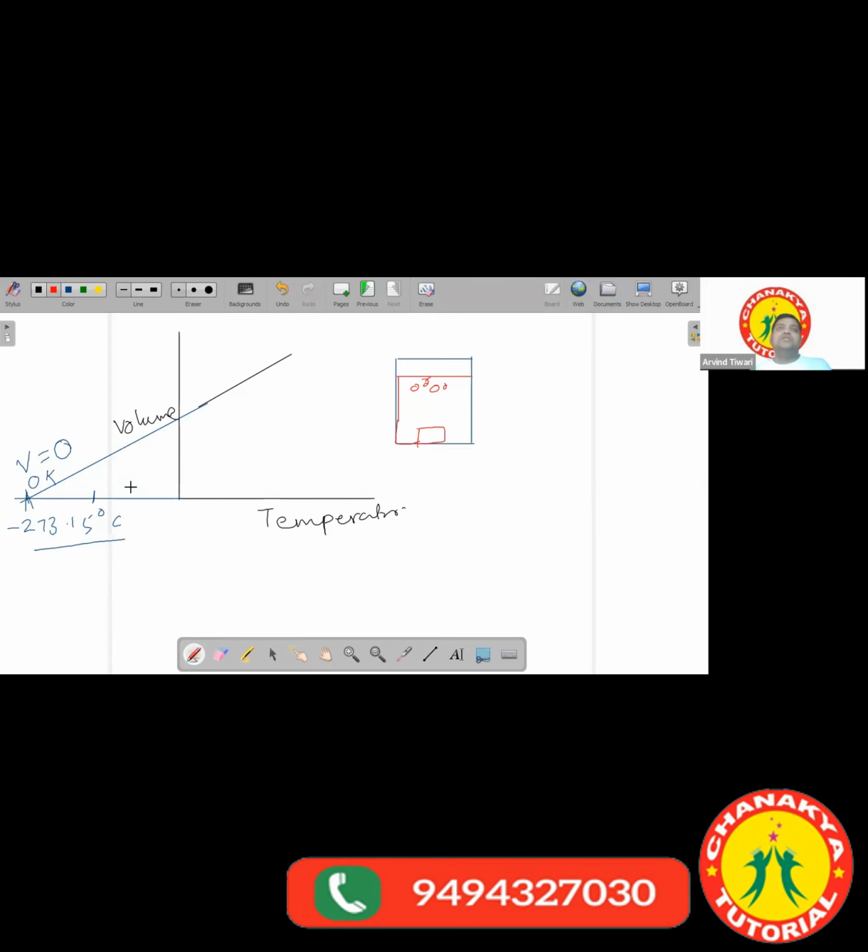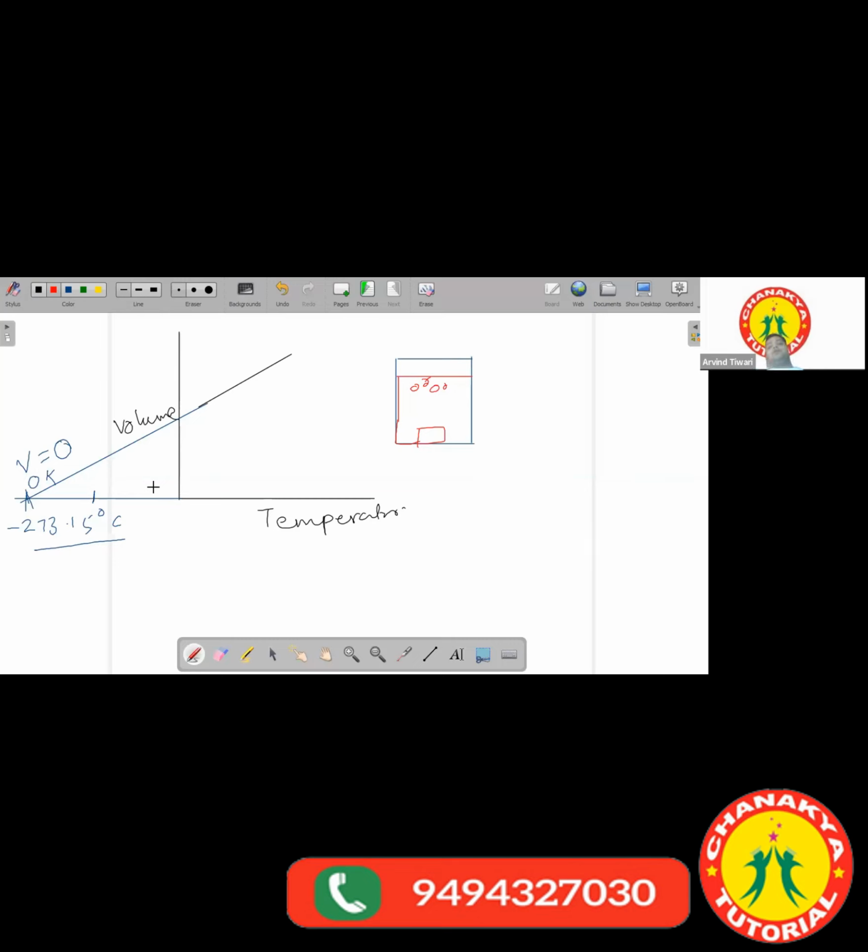Because molecular motion ceases, every molecule's random motion will stop, and therefore the resistance will decrease. We have observed that the resistance of a substance increases with temperature, and if the temperature decreases, the resistance will also decrease.